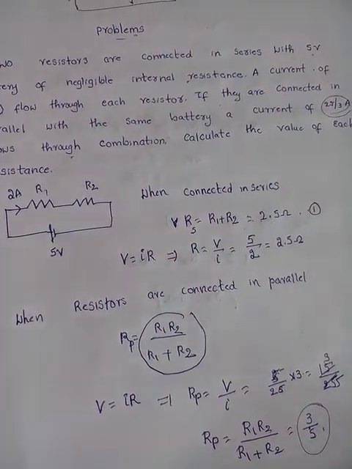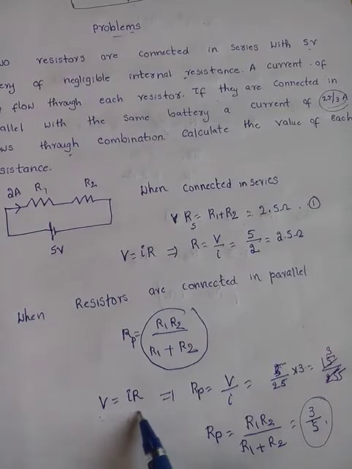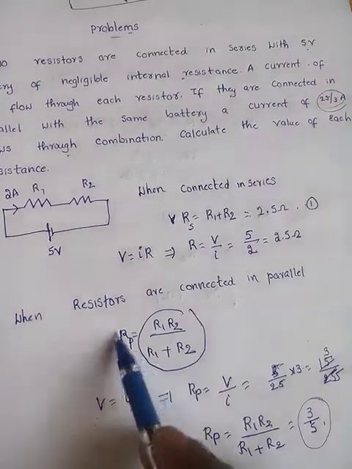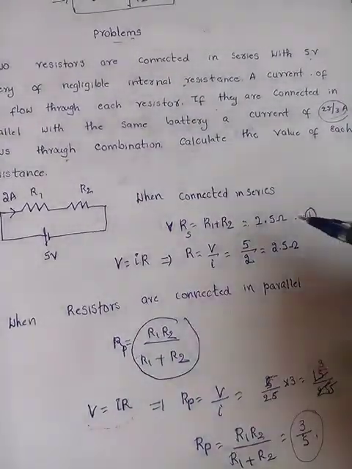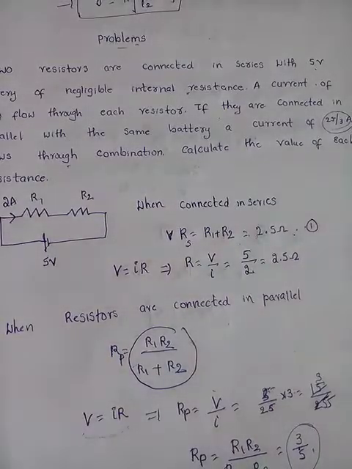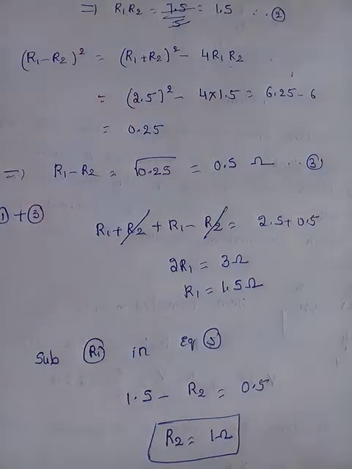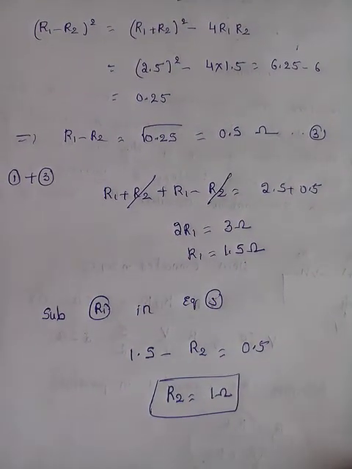Calculate the individual resistances. At that time there is no need to write this step because they have only given Rp and Rs values. Just substitute the values and go through the same procedure, and you will get the answer. Is it clear? This is a very important model. Next one.